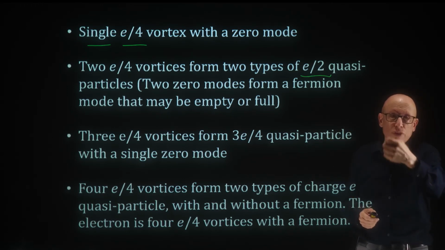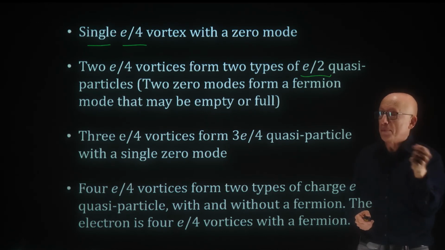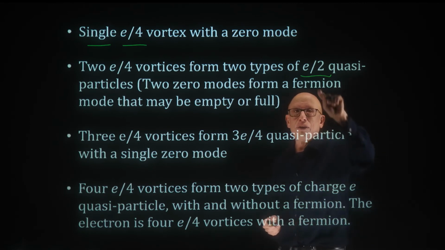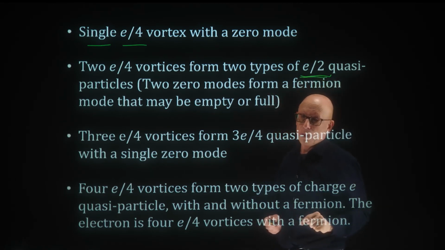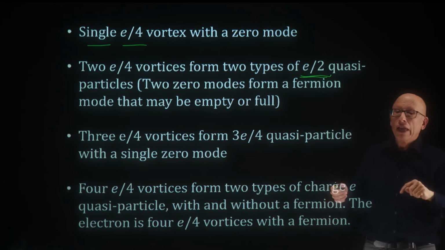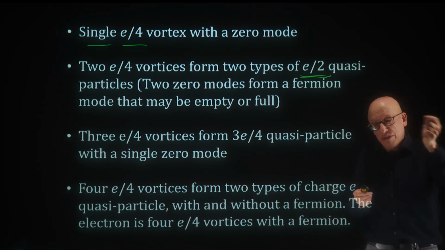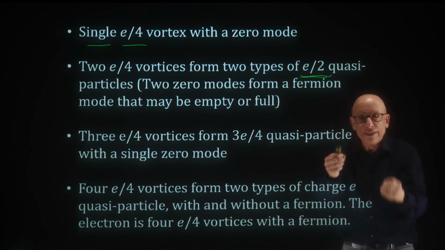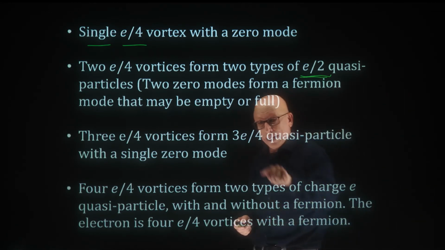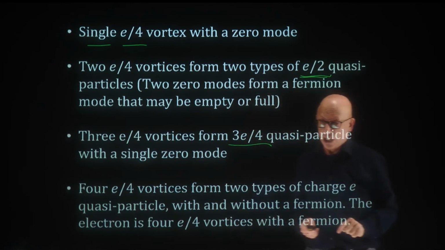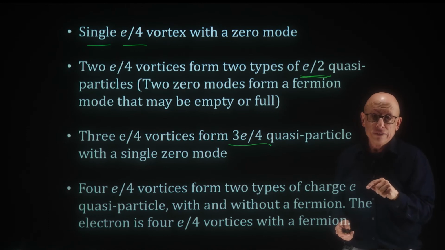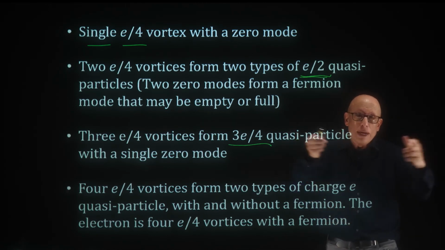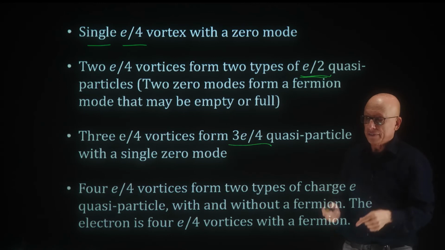You get out of those 2 zero modes a fermionic degree of freedom, which can be either full or empty. So we'll get 2 types of e/2 quasi-particles, one with the fermionic degree of freedom being full and one with empty. As we now bring a third e/4 quasi-particle, we'll get a 3e/4 charge quasi-particle, and the zero mode will come back again, because when you combine together 3 zero modes, you get 1.